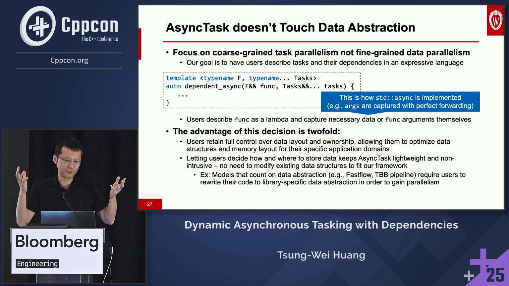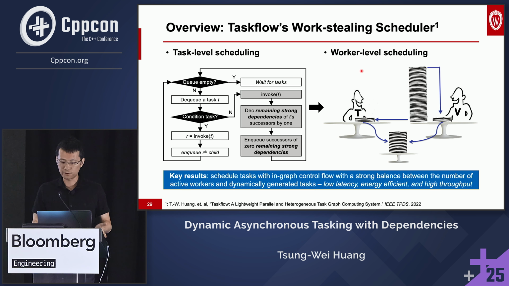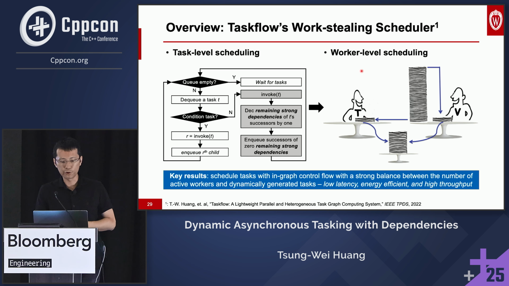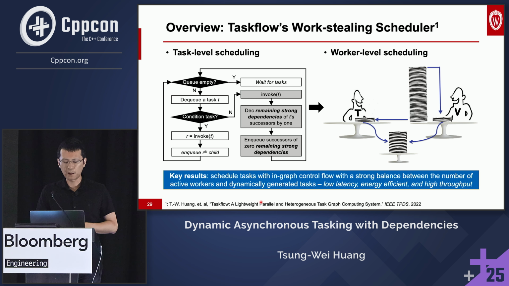At the worker level, the job is to decide which worker to run which task whenever a task is available. So this is a masterpiece of work that has been done in more than 5 years, and I cannot cover all the details in the interest of time. If you are interested in learning more about how this work stealing scheduler is working, I encourage you to check out the original research paper that we published in TPDS.